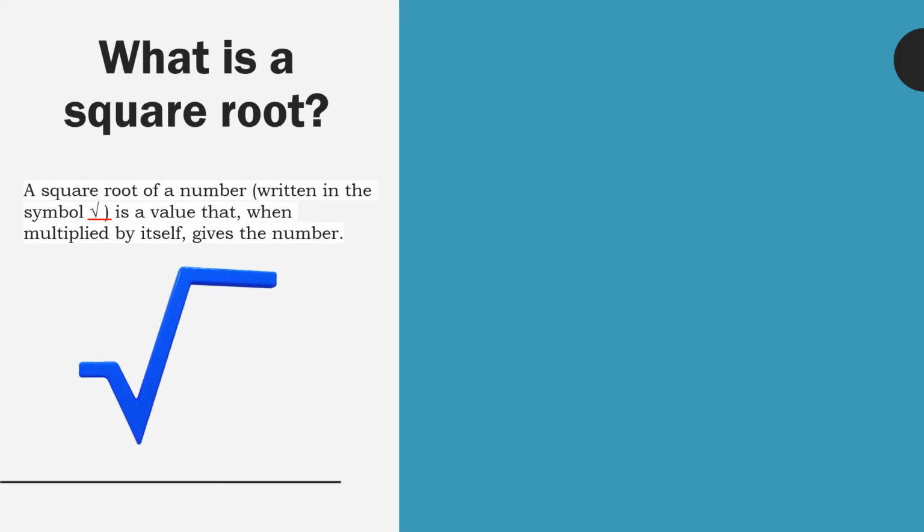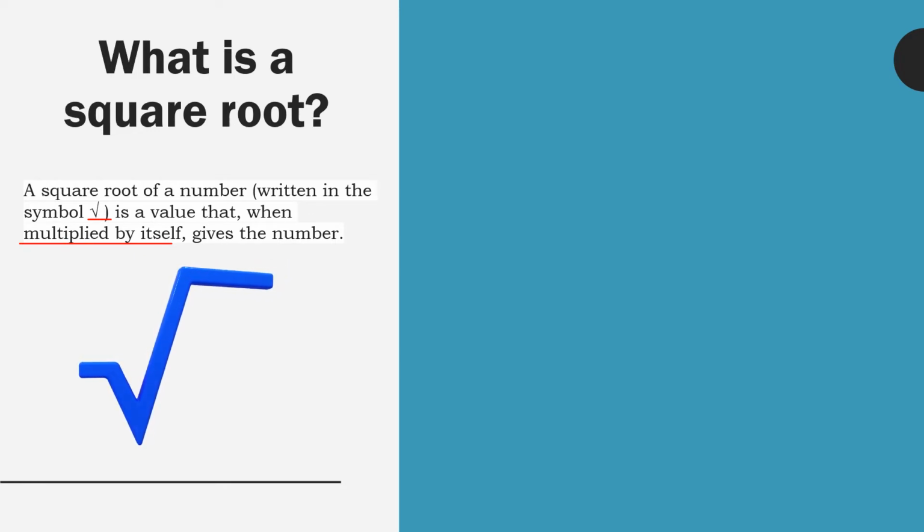Again, this is the symbol of a square root. It is called a radical sign. So pag nakita na, then that is a square root. And it says here class nga giingon multiplied by itself, when a number is multiplied by itself.